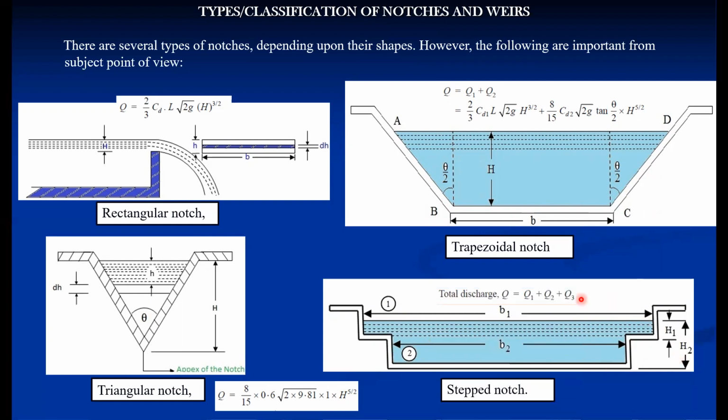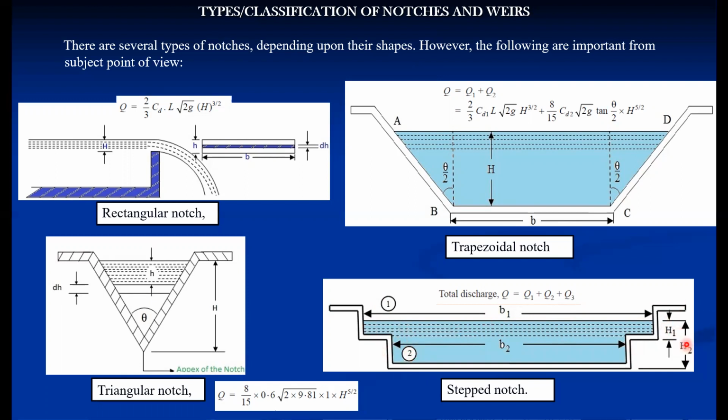Suppose there are more than three steps, then it is Q1 plus Q2 plus Q3. For Q1, we can consider the H value as this. For Q2, we can consider the H value as this. The L value B1 is this.